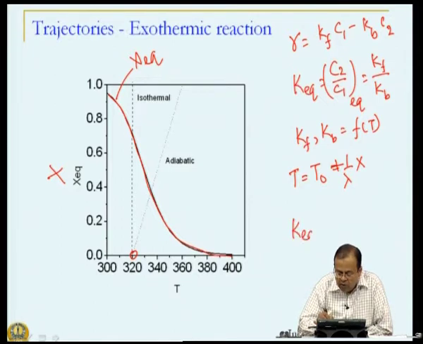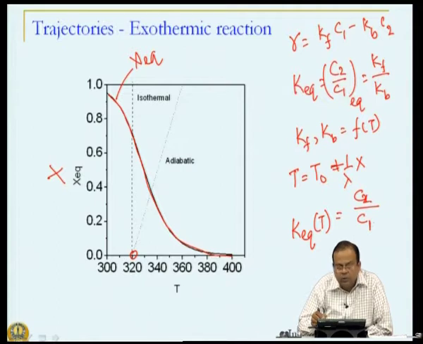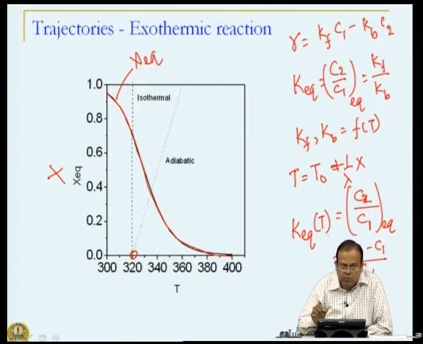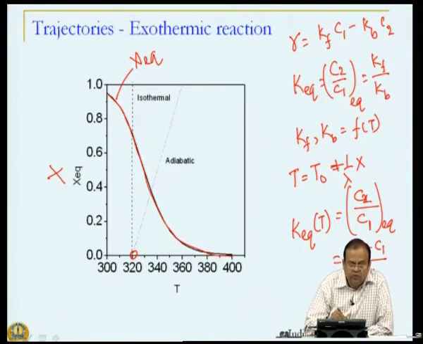Because we know K equilibrium, which is a function of temperature, which is C2 by C1 at equilibrium, and let us say that we do not have any C2 0, C2 is nothing but C1 0 minus C1 divided by C1. So, we have a relationship between temperature and equilibrium conversion, and this is what we get.